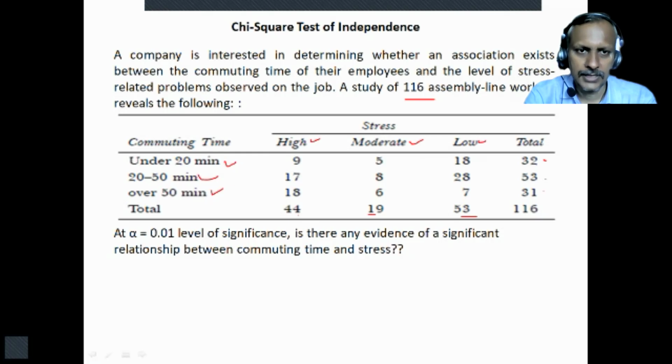At a significance level of 0.01, or you can also say at the 1% level of significance, we check whether there is evidence that the relationship is significant or not. So let us perform the calculation and then try to know whether the null hypothesis can be accepted or rejected.